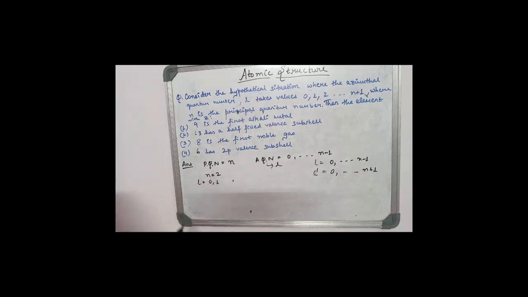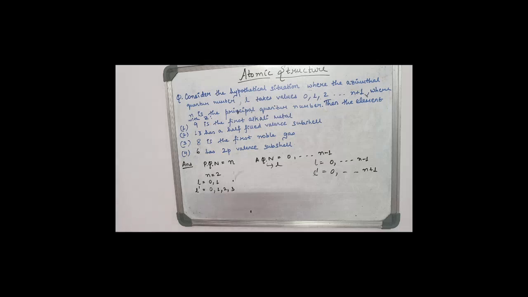So if in the hypothetical state we want to find out the number of azimuthal quantum numbers or the number of subshells, then the subshells will range from 0, 1, 2 and 3, because 2 plus 1 is 3. So we are getting 2 more subshells in this case.